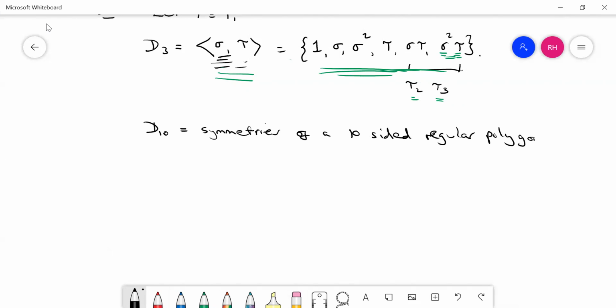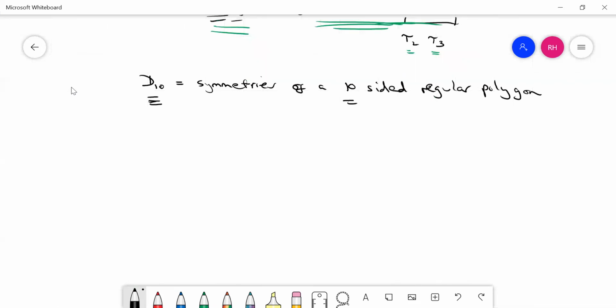I should just say, with this notation, this is 10 and this is 10. I'm using the abstract algebra type definition. If you're more geometrically orientated, you may find that they use different notation. They may call this D20 or something like that. So I'll let you sort that out, as long as you know that the notation is not cast in absolute stone across all the different areas of mathematics.